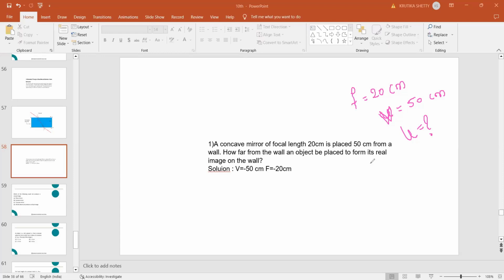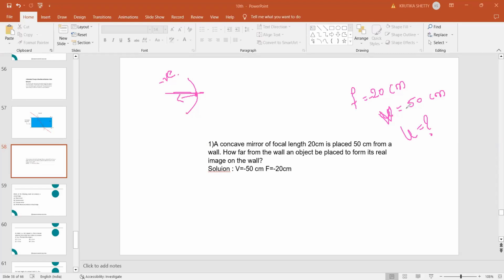We need to use the mirror formula and simplify. I told you already the sign conventions. If it is a concave mirror, the left side measurements are taken as negative. So the focal length is measured from the pole to this side, therefore the focal length will be minus for the concave mirror.